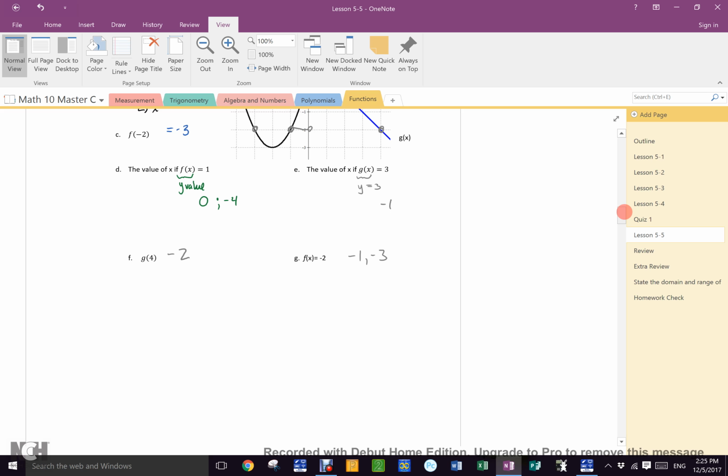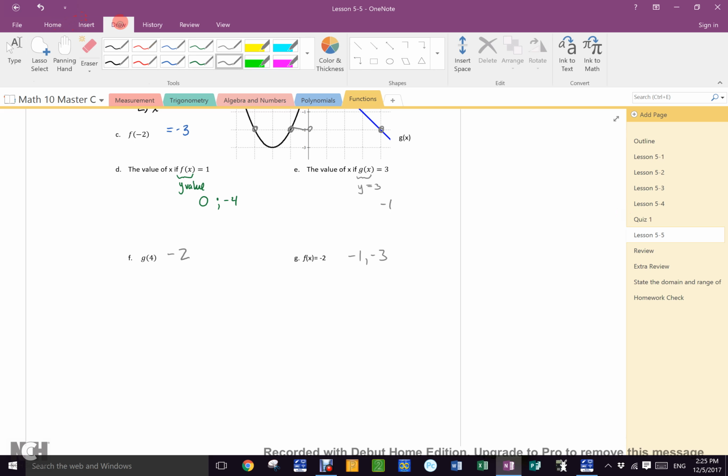But if you think you've got it, I want you to do this. Write this down. F of x equals 3x plus 5. G of x equals 5 minus 6x.